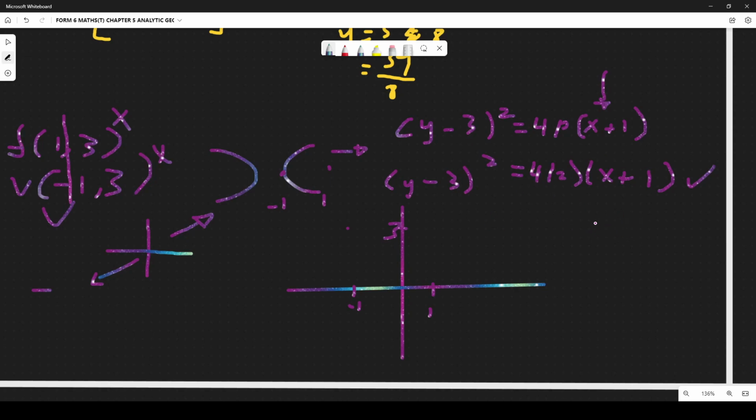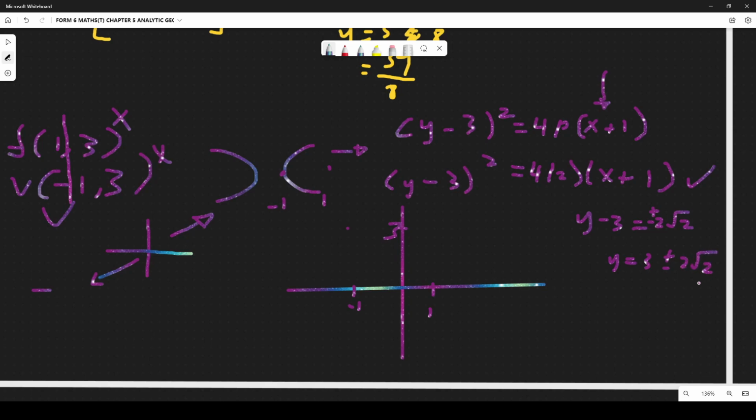So y minus 3 equals square root of 8, so that's 2 root 2. Positive negative, y equals 3 plus minus 2 root 2.